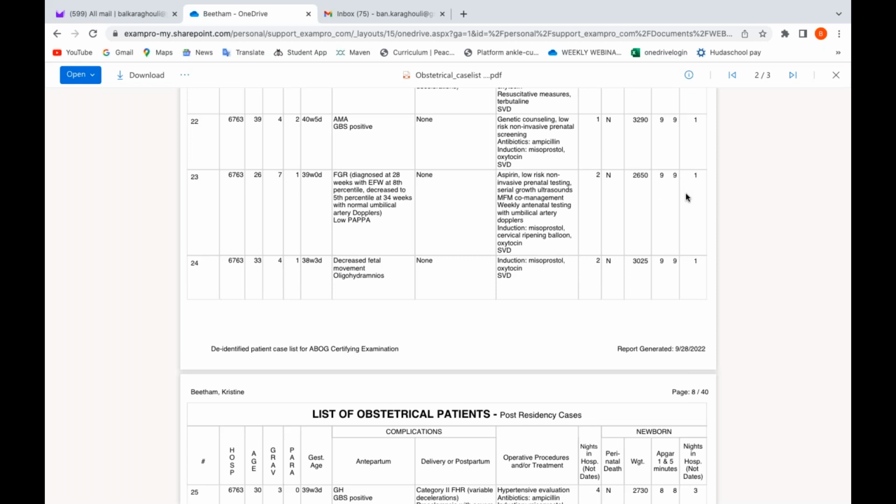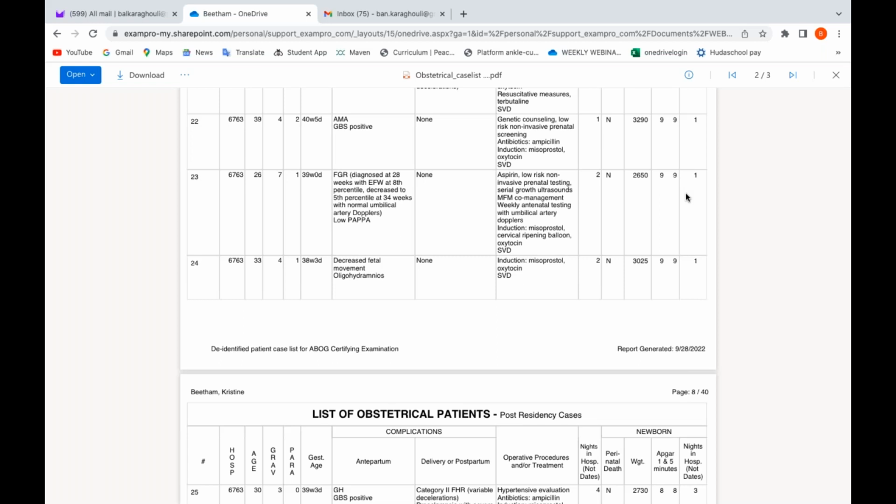Correct. What are some causes of IUGR? We talked about symmetric or asymmetric, but if you would want to be more general and just talk about causes of IUGR, what would you say? Okay. So I usually think about them in terms of maternal, fetal, and placental causes.